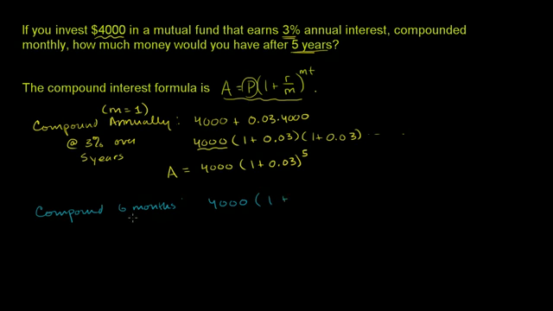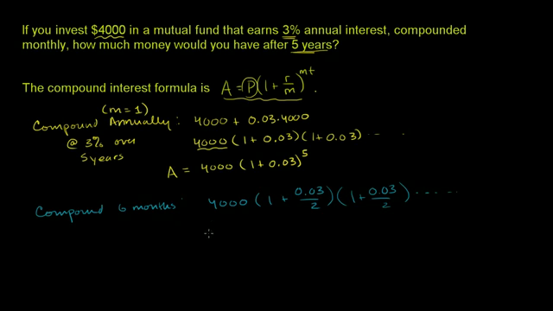Since we're compounding twice a year, each period you get half of the annual interest rate. So after one 6-month period, you'll have 1 plus 0.03 over 2. After another 6-month period, you'd compound that again, 0.03 over 2. And so how many 6-month periods are we going to have? Well, 5 years has 10 6-month periods.